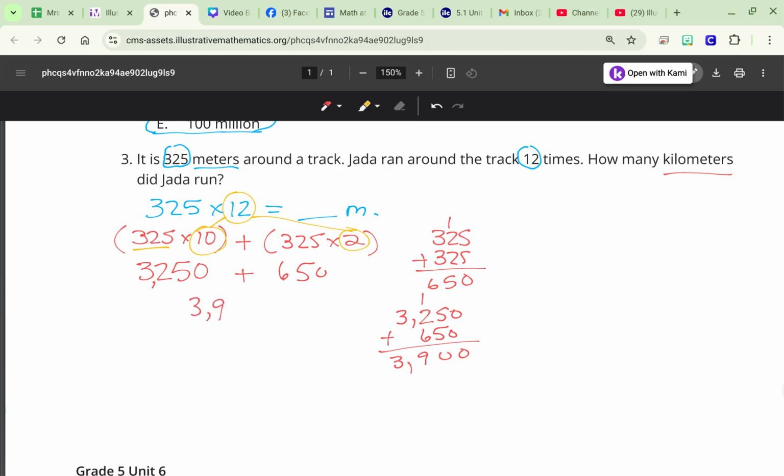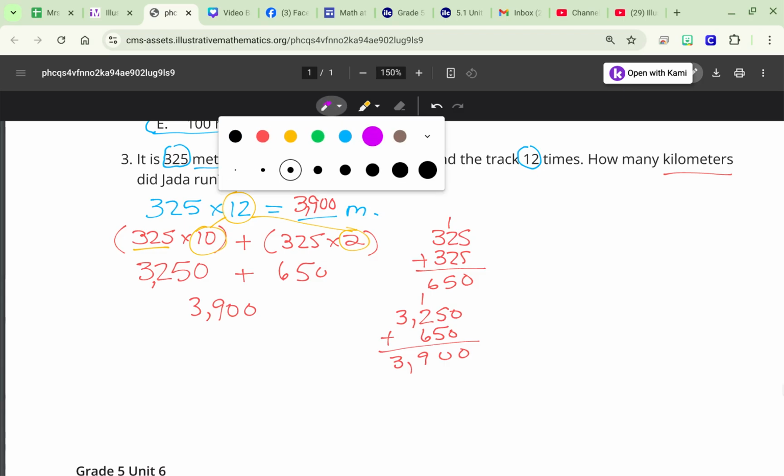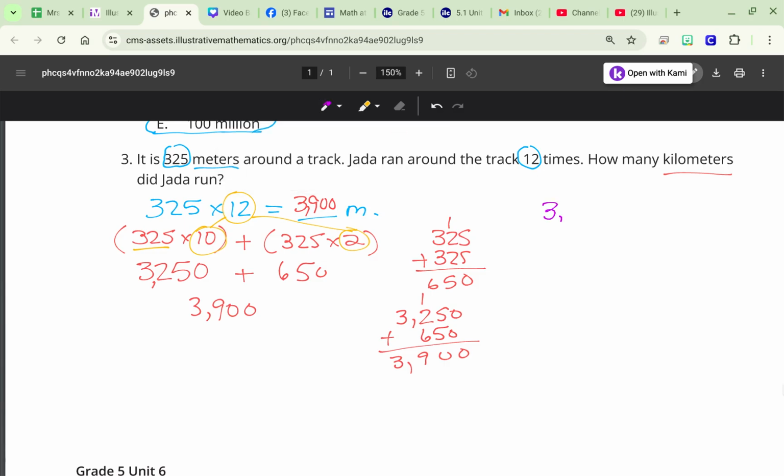So here I'm going to go ahead and write that in, and I'm going to remember what I said from the beginning. This is the number of meters that Jada ran, which is an important step for me to get to at this moment, because now what I'm needing to do is take my 3,900 meters and convert that to how many kilometers that is.